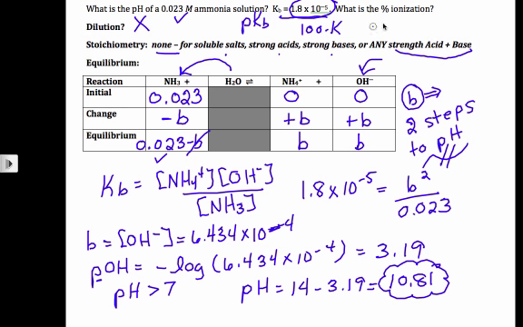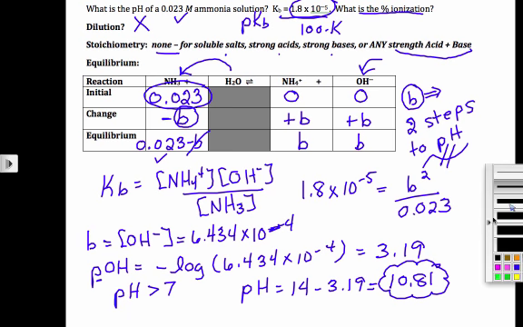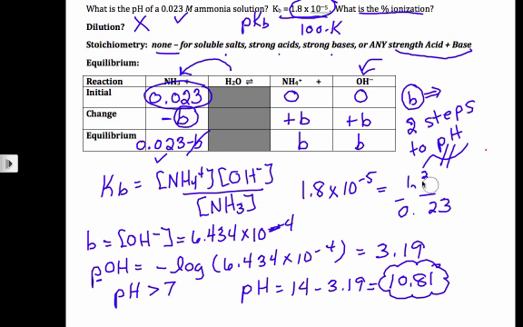Now, the other thing that it asked us for is what is the percent ionization? The percent ionization is the part that reacted divided by the initial amount. So in our case, what we would have is that our percent, and I'm running out of room, so I'm going to have to erase a little bit of this. I hope you've captured that information already. Okay, so get some room.